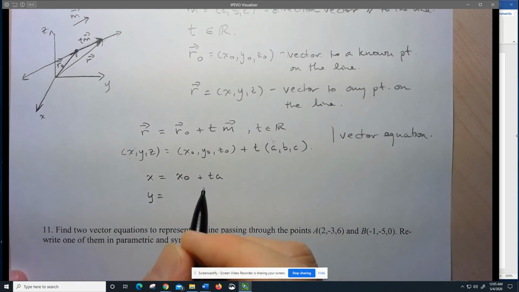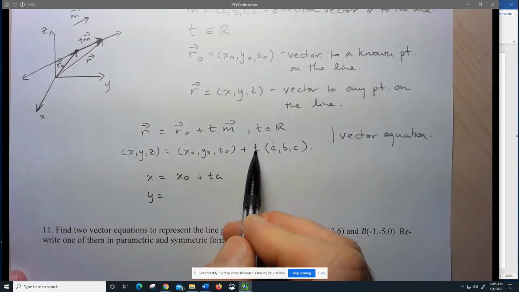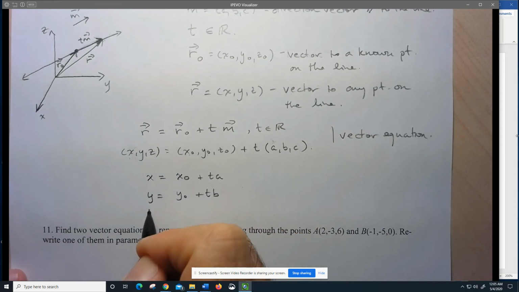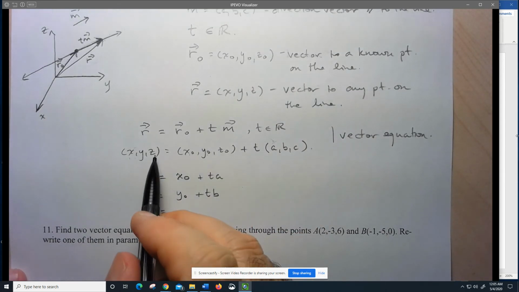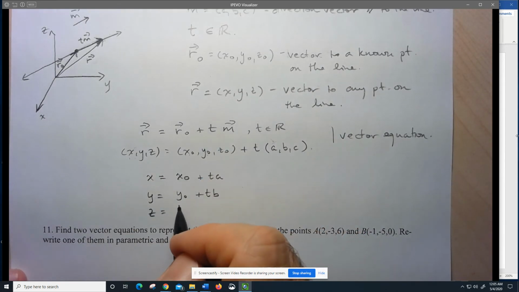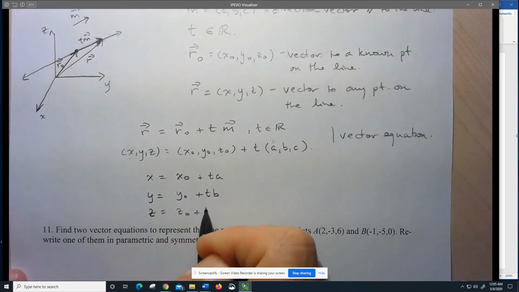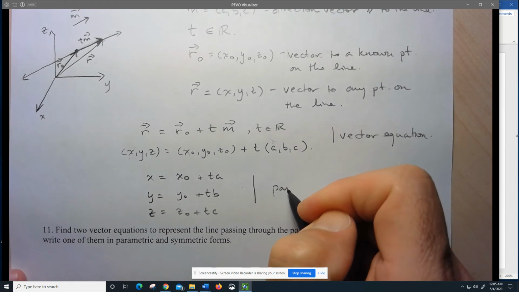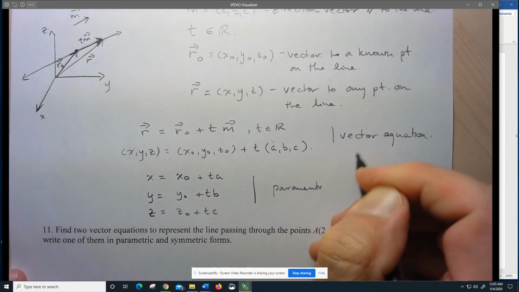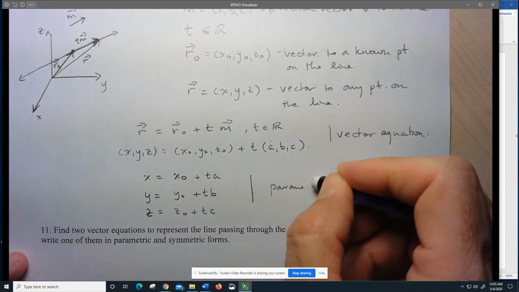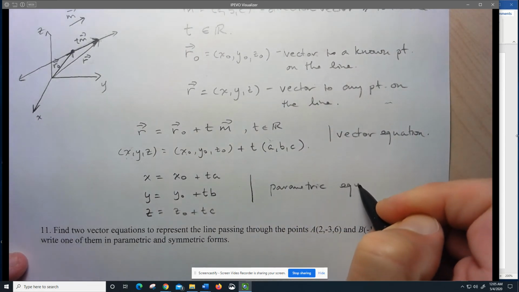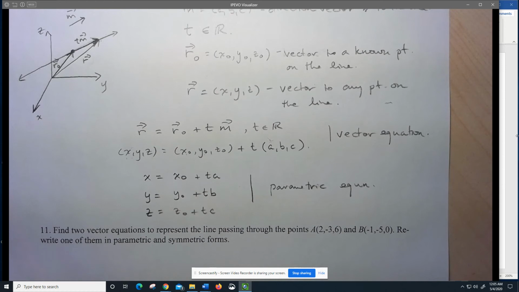And then the y component is given as y naught plus tb, and then our z component is z naught plus tc. And this is what we call the parametric equation of the line.